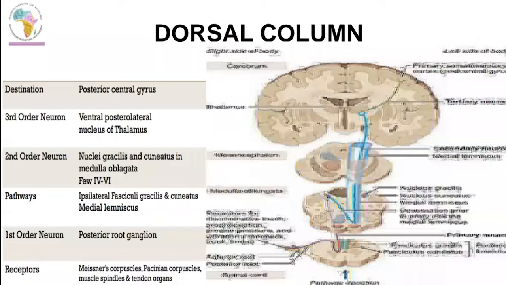So if an injury happens below the medulla oblongata, someone will present with sensory deficits on the same side of the lesion.